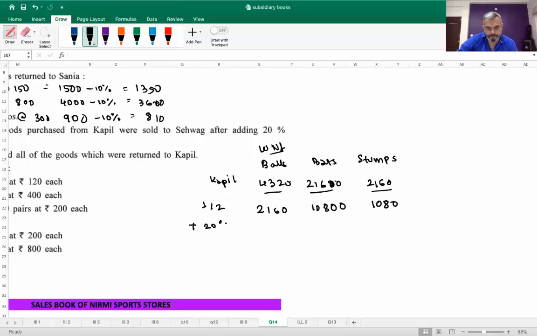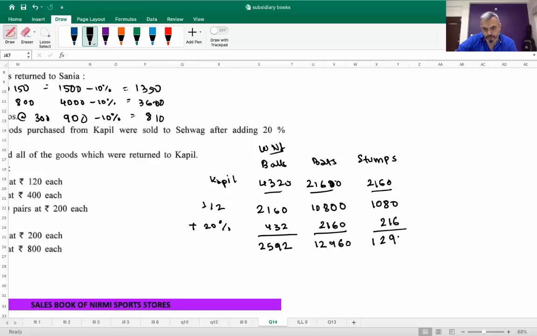20%. So 2160 into 20%, 432. 2592. Then 10,800 into 20%, so 2160. So 12960 and 1080 20%, 216.